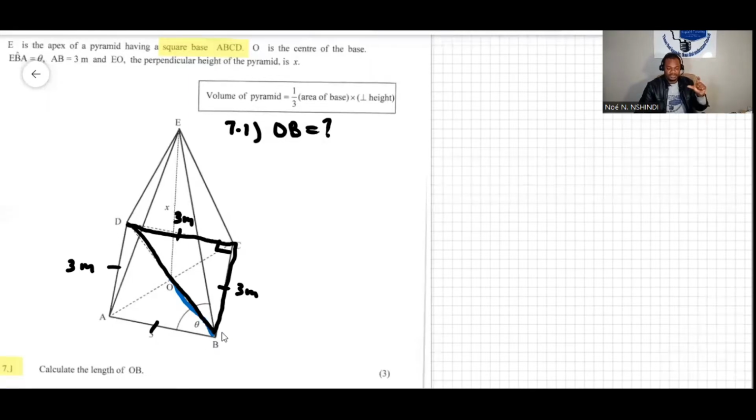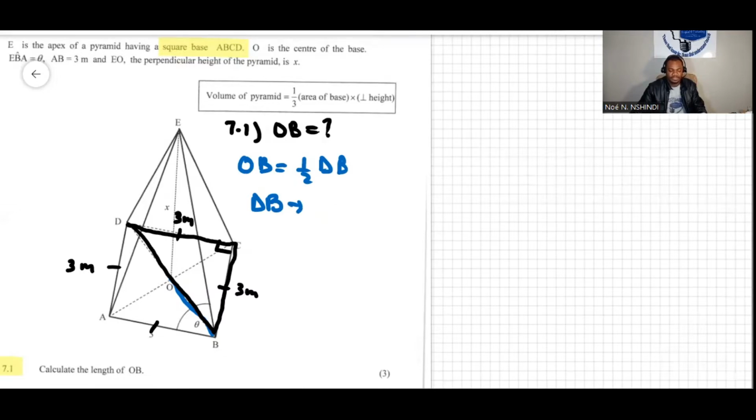So if I find DB, I can find OB. So OB will be equal to a half DB, and DB is obtained by using the Pythagorean theorem.